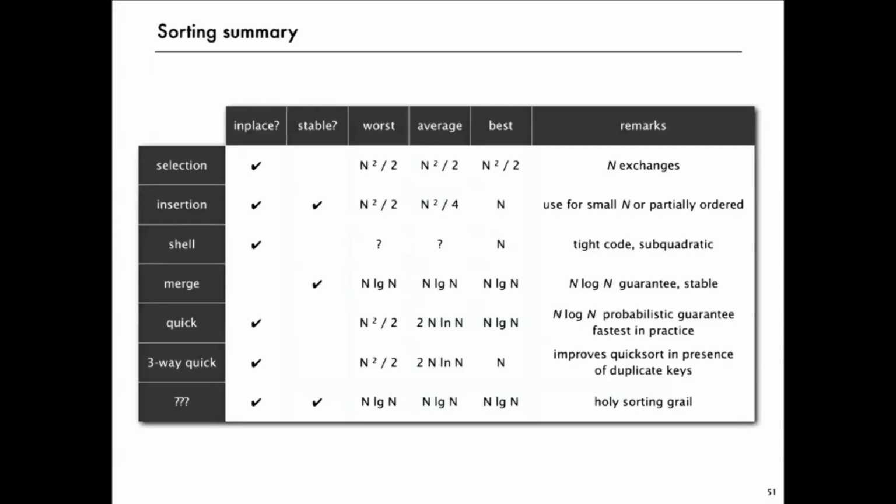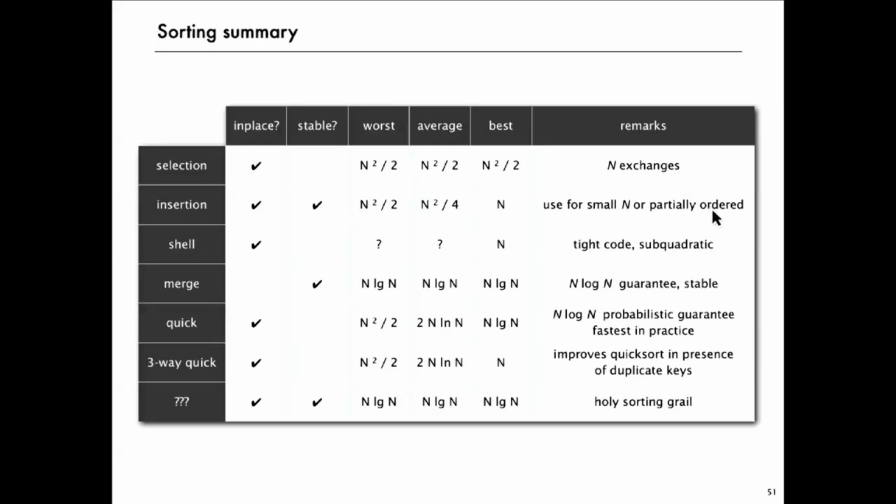So here's a summary of some of the things that we've talked about. We've talked about 6 different sorting algorithms, and a bunch of attributes. For example, the top line: selection sort is in place. It always takes about n squared over 2 comparisons, and one of the things to remark about it is that it only uses n exchanges.